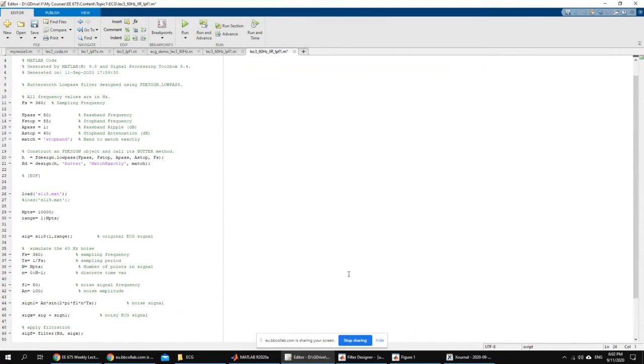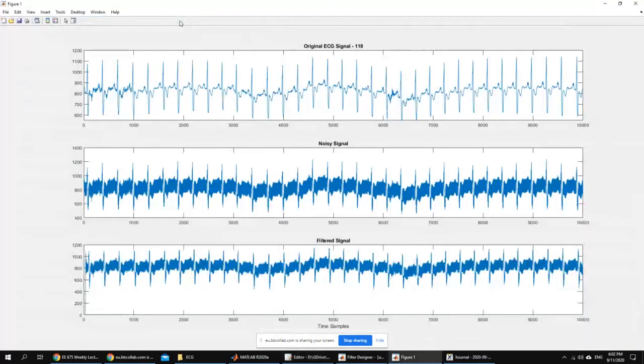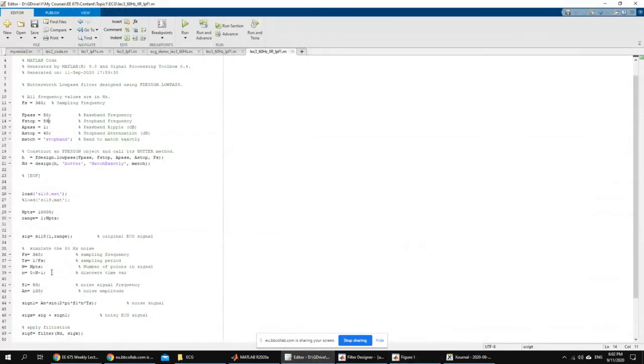So sometimes the filter does not work. Maybe if you make it 59 instead of 55. Let's see if it works. Actually, it's still not working. You need to have more attenuation. Okay, sorry. Instead of changing the amplitude, I changed the frequency. So basically, I fooled the filter.